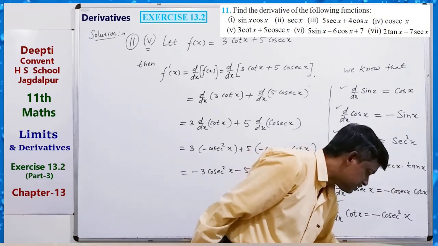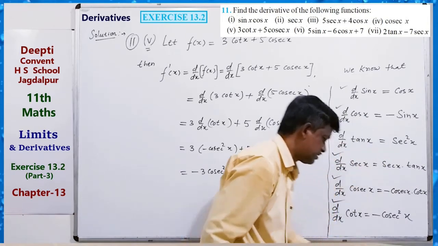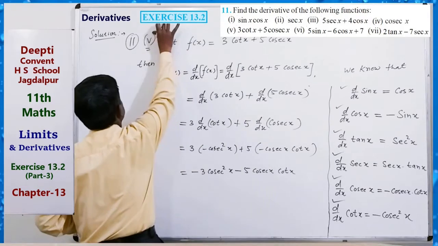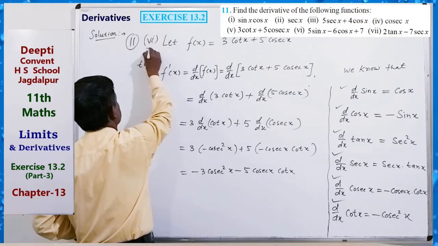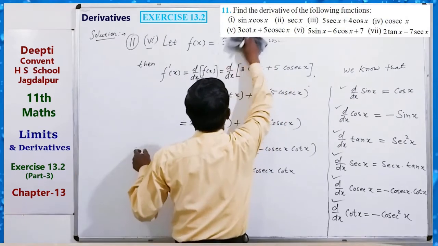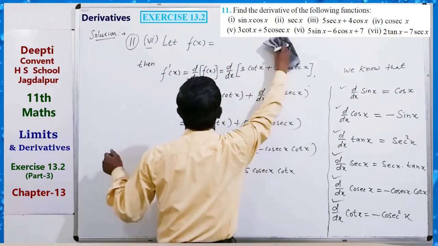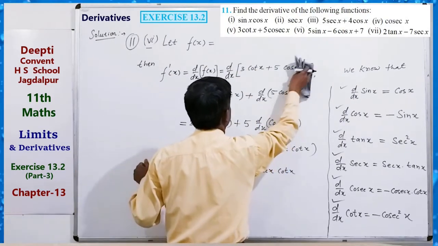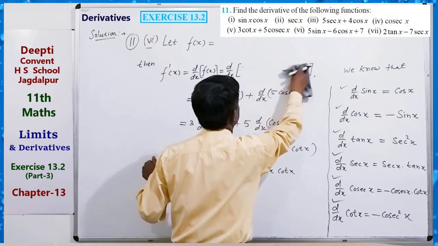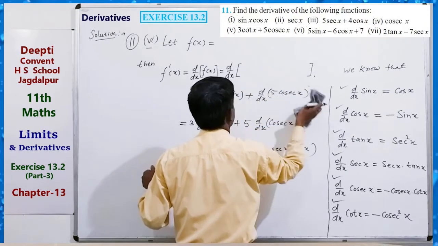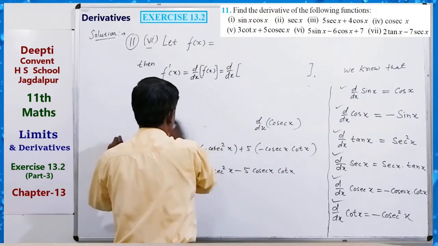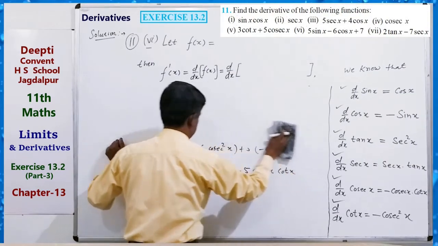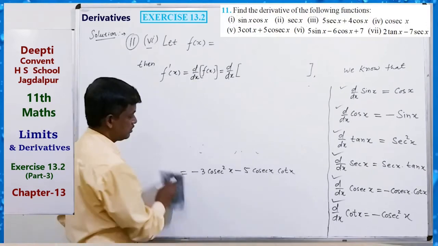Five sin x minus 6 cos x. Question 6. This was the answer of the previous question.